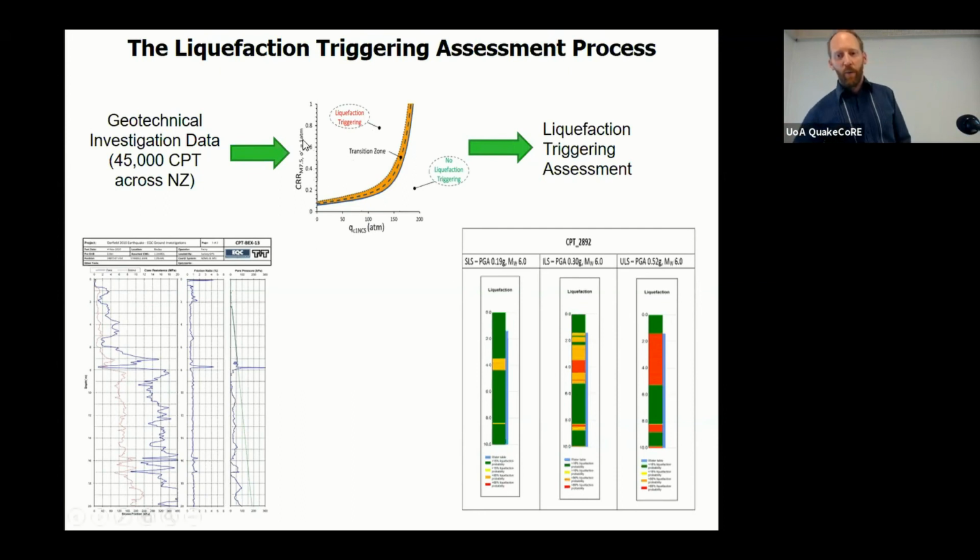But then the other problem that we identified is when we're sitting in this zone here, when soil profiles are actually interlayered, we are treating each soil layer as, analyzing it discretely.